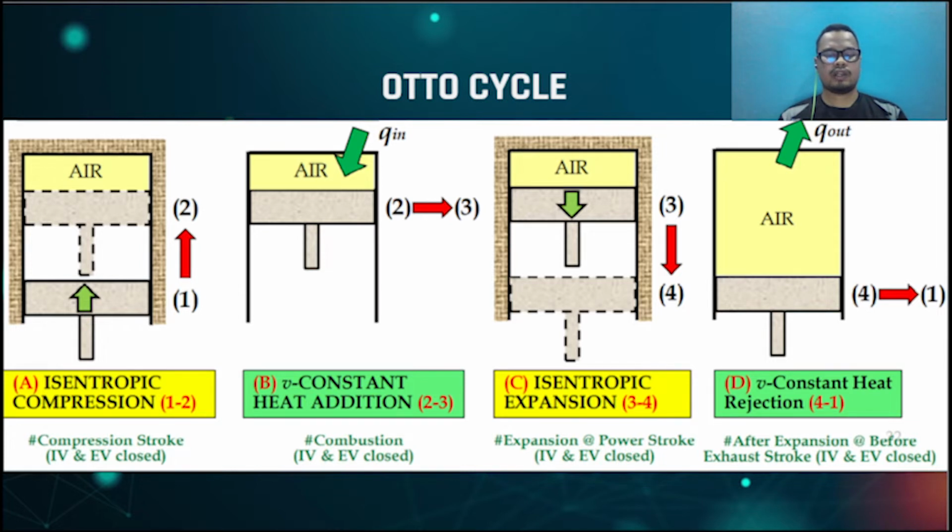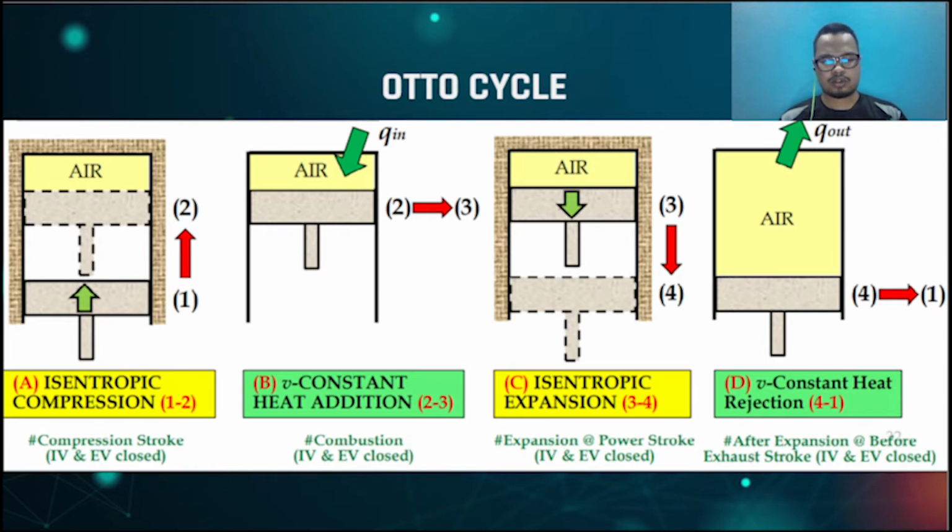And then the next is state 3-4, which is isentropic expansion. The air at a high pressure and temperature expands isentropically, causing the piston to move from TDC, state 3, to BDC, state 4.